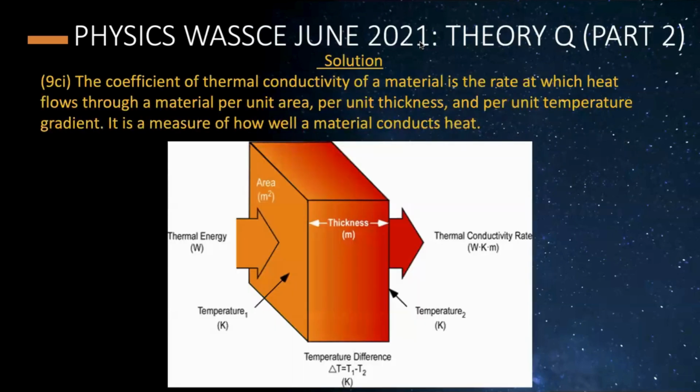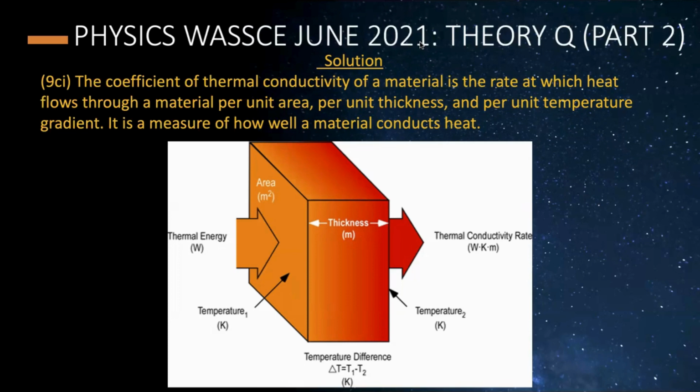So just to give us more context, I had to pull up this image from one of the sites. It will be on the link in the description if you want to go and read in detail. But the coefficient of thermal conductivity of any material is the rate at which heat flows.